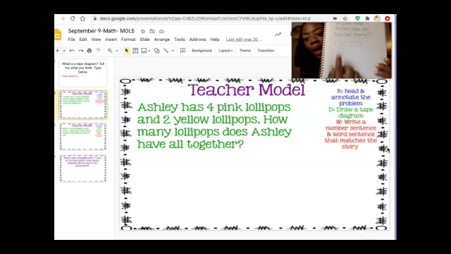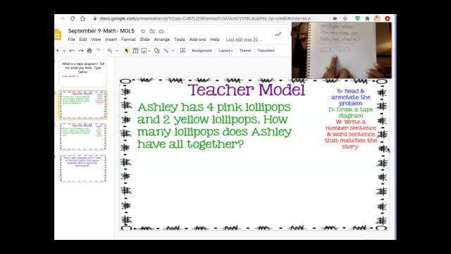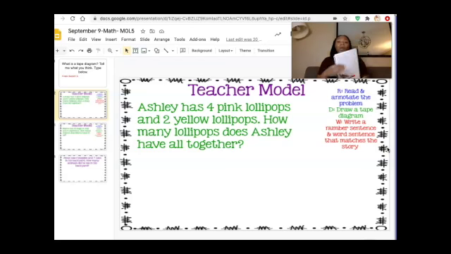You have 4 here for the pink lollipops and 2 for the yellow lollipops. And do you see how my 4 is a lot longer than 2? Awesome. Now we want to know how many lollipops Ashley has all together. And so we already have our 2 parts, just like in a number bond, but we don't know the whole.